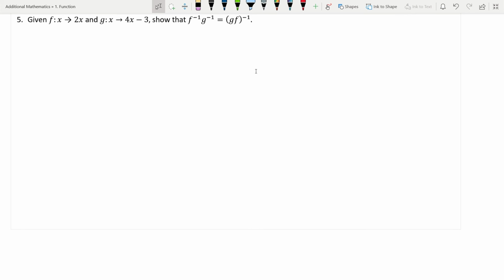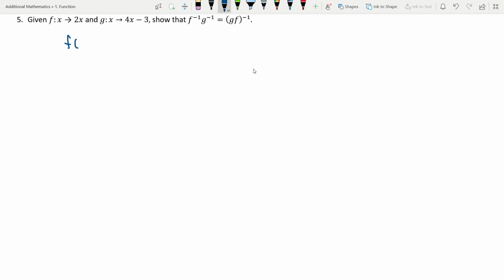Question 5. Given function f such that x is converted into 2x and function g such that x is converted into 4x minus 3. Show that (fg) inverse is equal to g inverse f inverse.